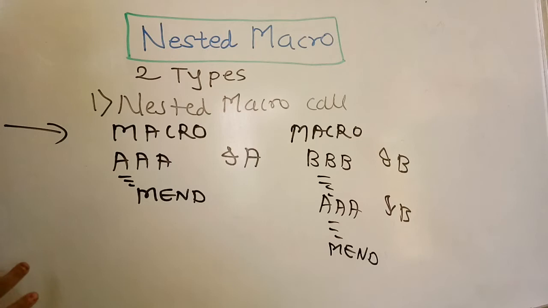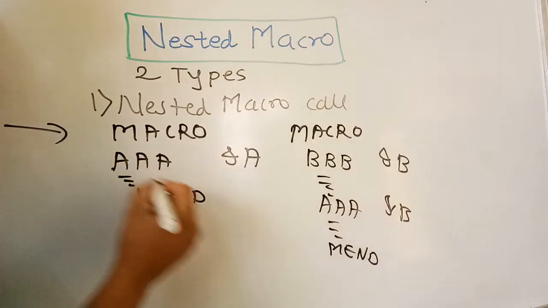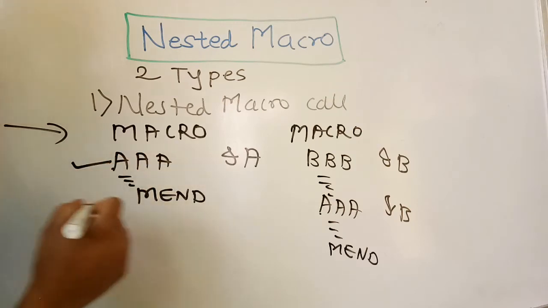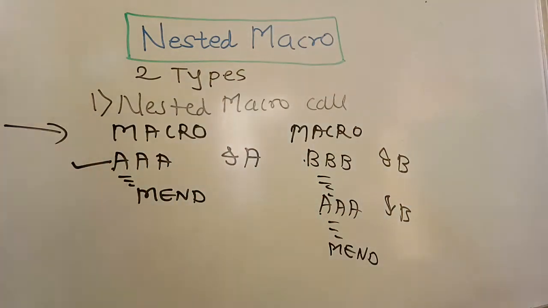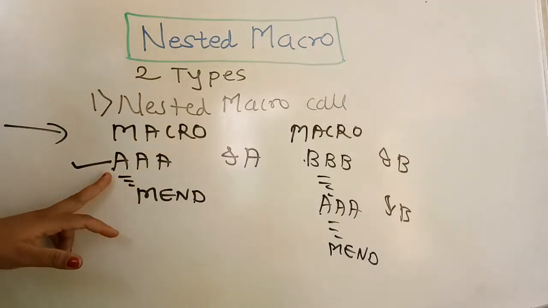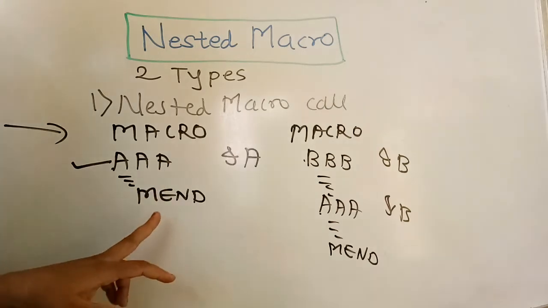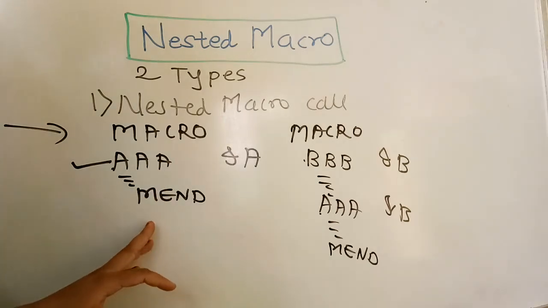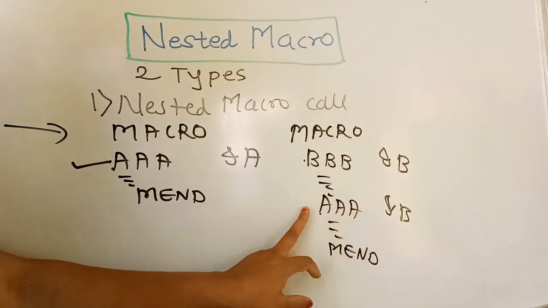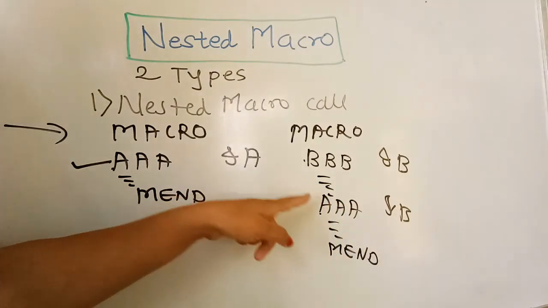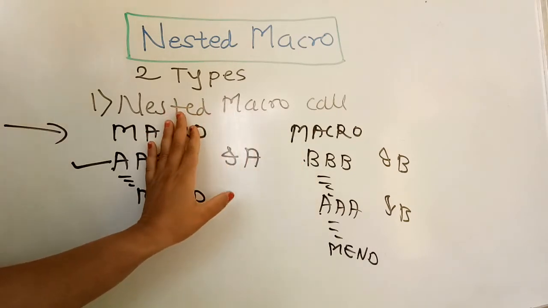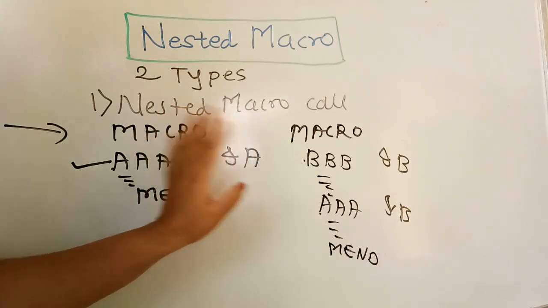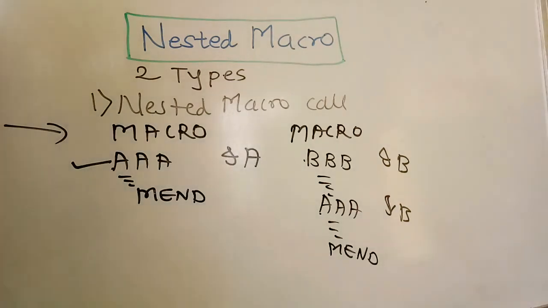What does this actually mean? There are some restrictions or rules with such macro calls. The macro which you have to call in another macro should be specified before the calling macro. Like you are specifying BBB and calling the AAA macro in the BBB macro, and you have not written AAA before this, then such a procedure is not allowed.